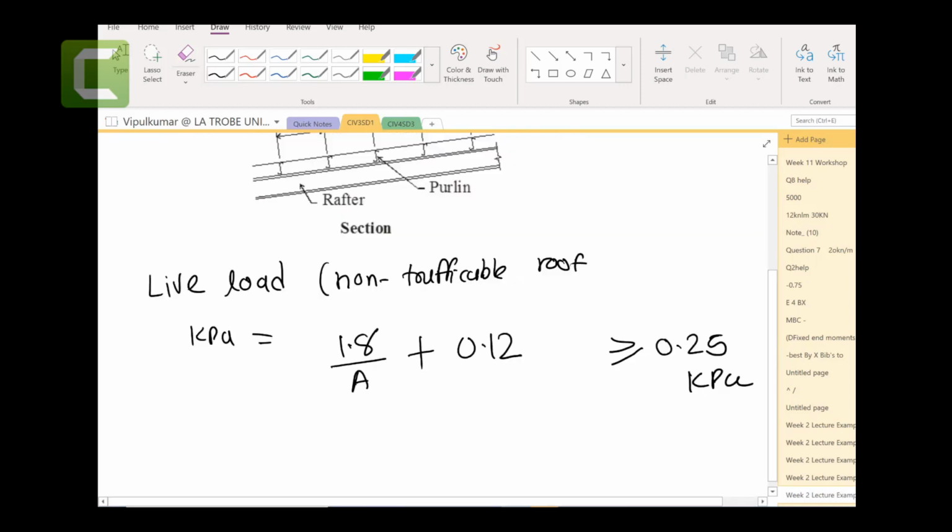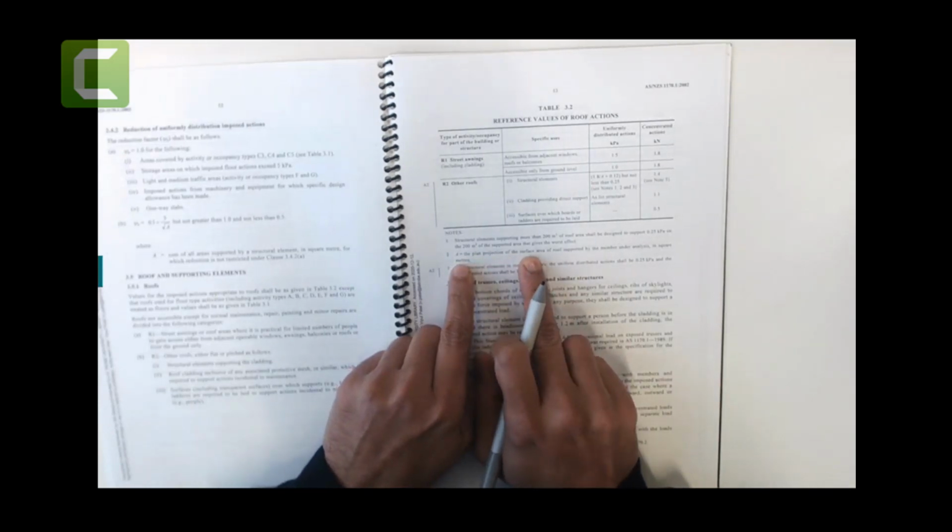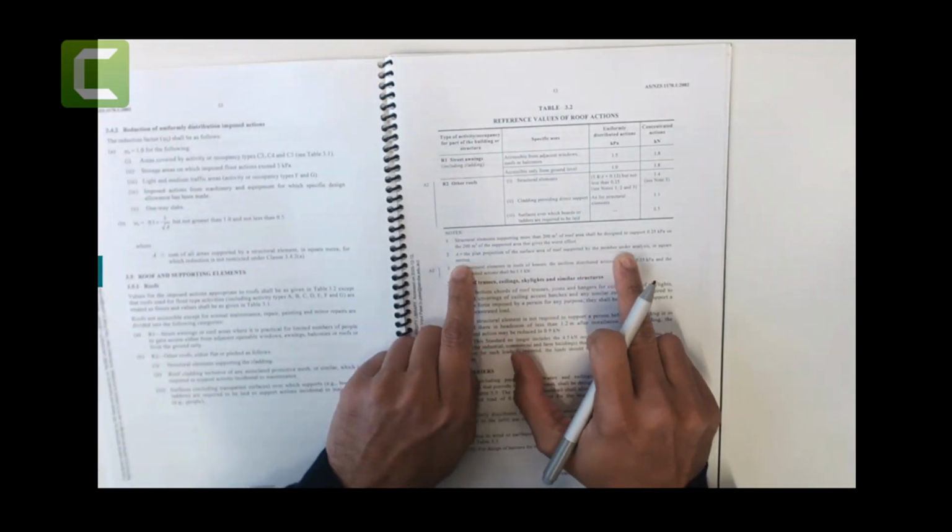We can't make it less than that. Now A, what is the definition of A? A is the plan projection of the surface area of the roof supported by the member under analysis. Now what is plan projection area? I need to explain that.